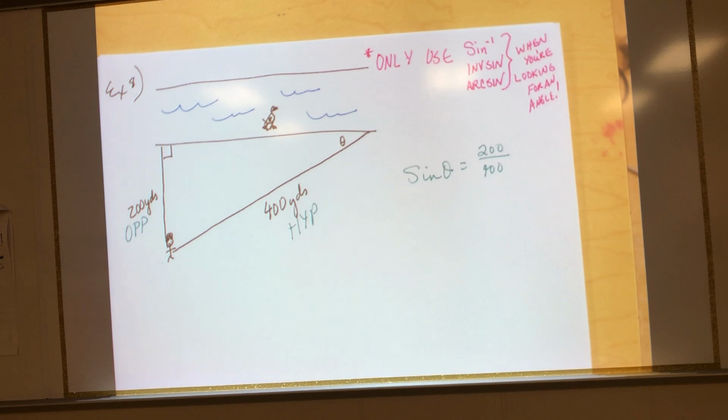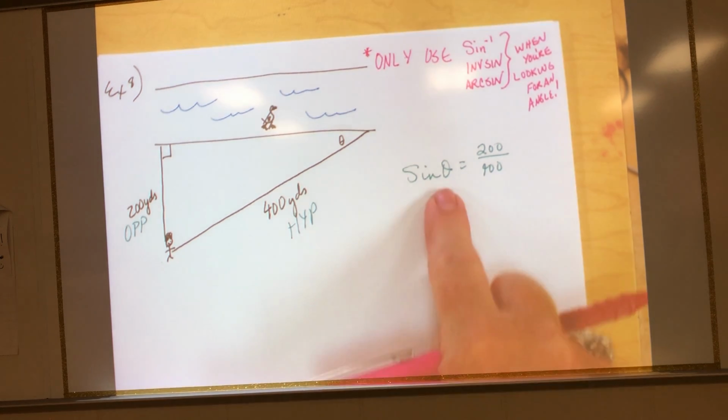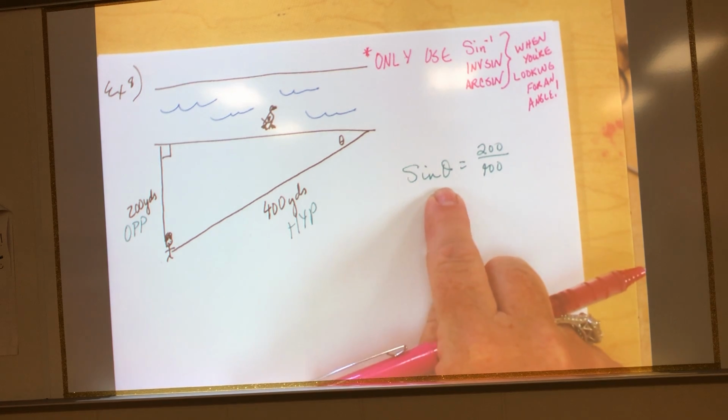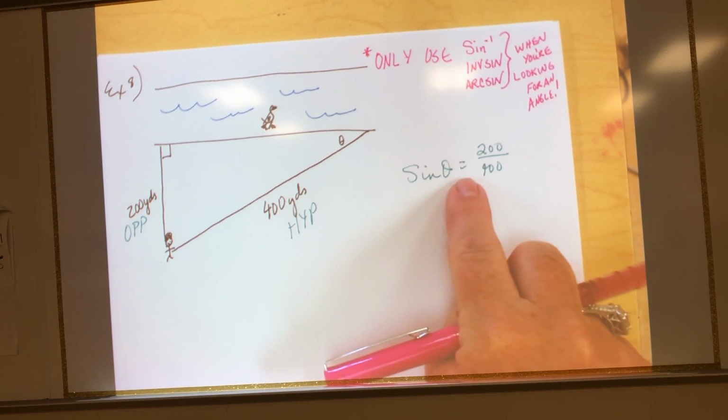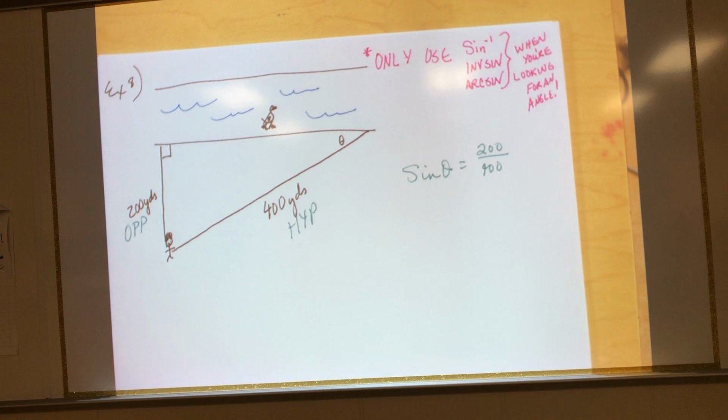Very, very important. Can't that be used for all the others though? Yes, anytime you're looking for an angle, that's when you'll use the inverse function. You never, ever use the inverse function unless you're looking for an angle. Am I looking for an angle? Yes. It says the sine of what angle is equal to 200 over 400.